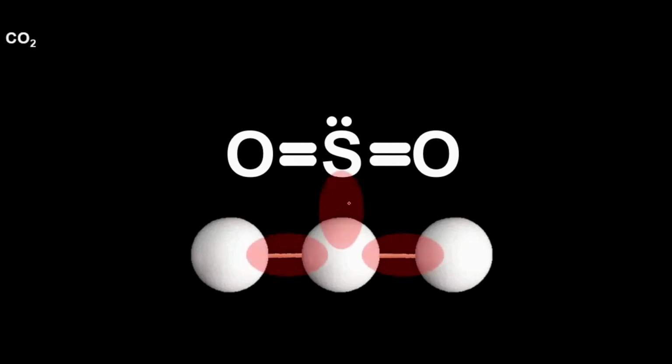Again, these are the electron groups. This one is this one, and this is a lone pair. Pair because it's two electrons, and lone because it's not shared with other atoms, so it's alone, or lone.